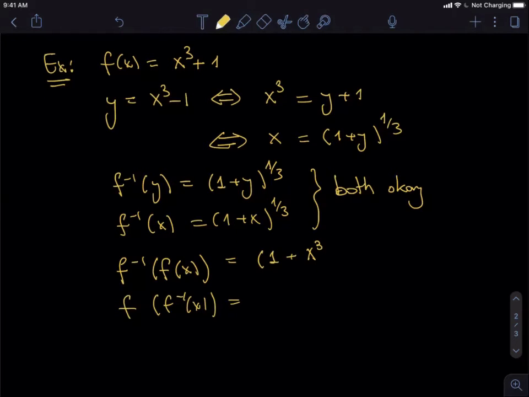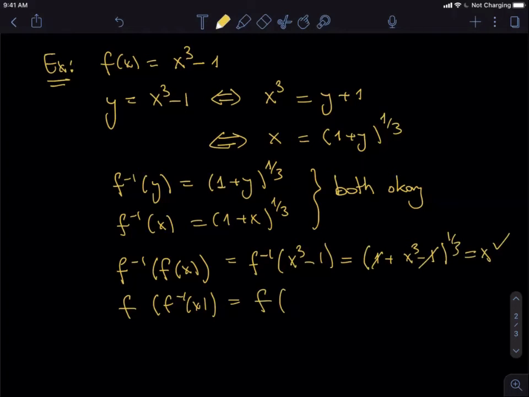So let's see if that checks out. Here we can see that actually I messed up in the very beginning. The example was with a +1, but I started with -1. So let's just modify the example. Right now it's -1. So let's take f minus 1 of x to the power 3 minus 1, and this is going to be 1 plus x to the power 3 minus 1, and that to the power 1/3, and that gives x. Very good.